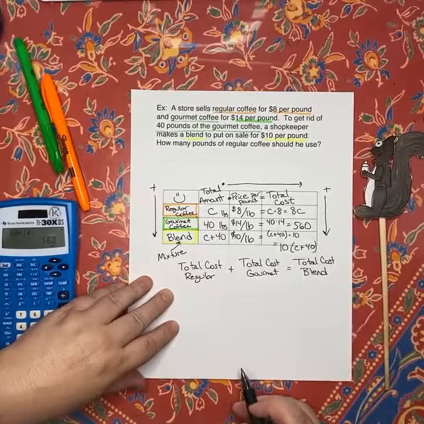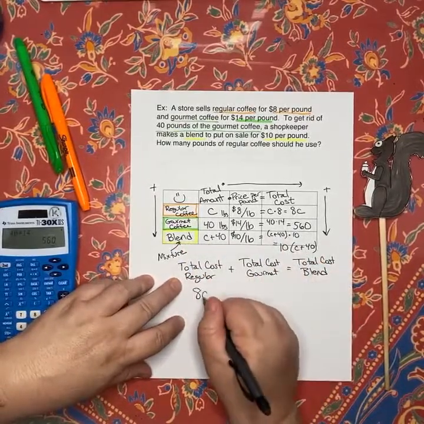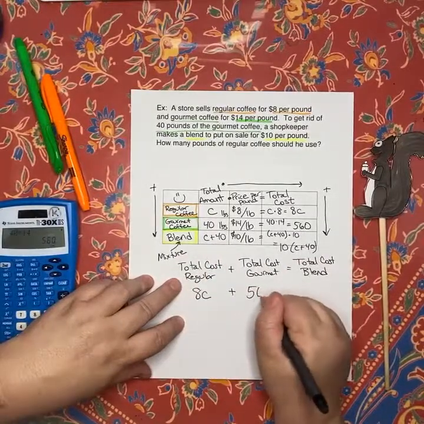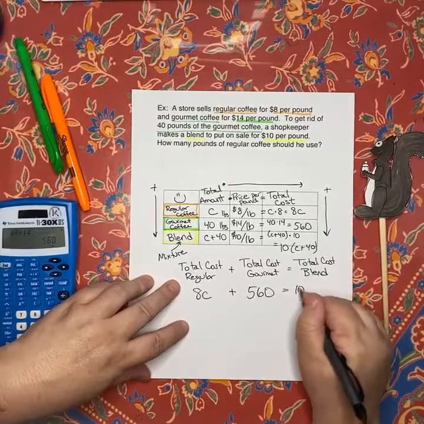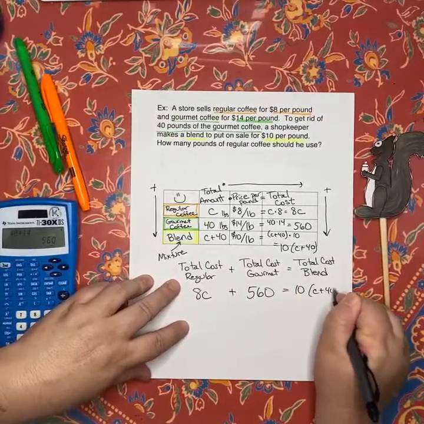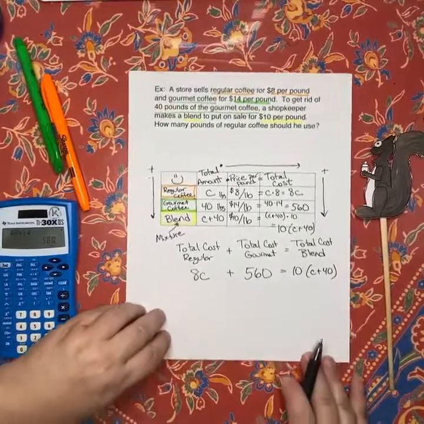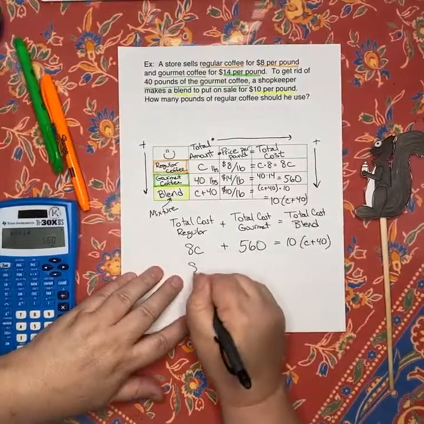So that looks like this. The total cost of the regular is 8C. The total cost of the gourmet is 560. And the total cost of the blend is 10 times the quantity C plus 40. Woohoo! So now let me go ahead and start solving this equation.